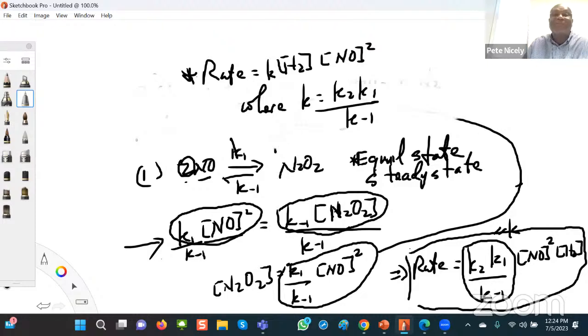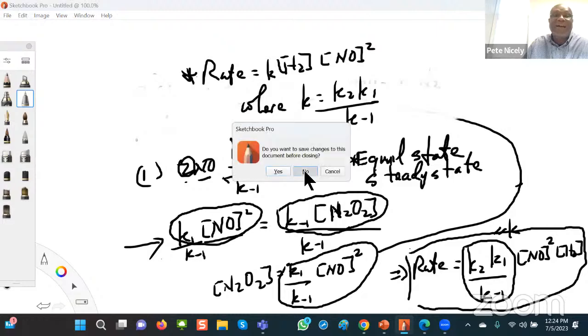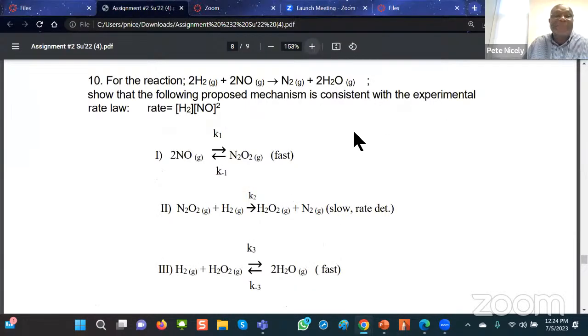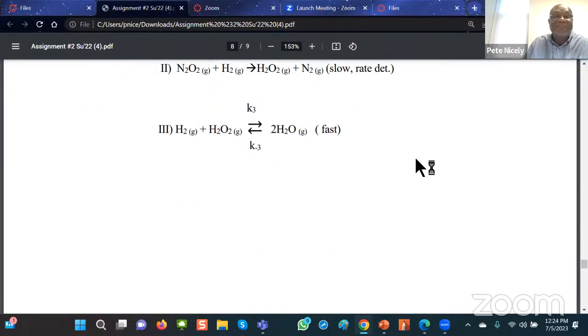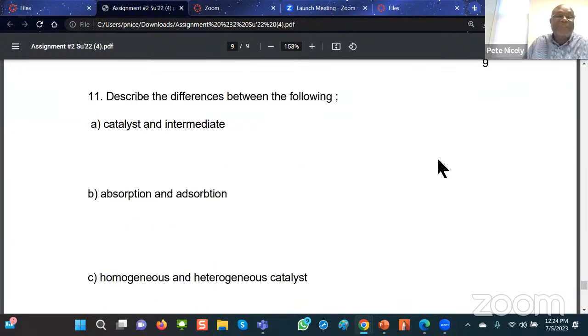Okay, so let me get out of this here and go back to the assignment. Okay, number 11. So this basically is just testing your understanding of different terms that are used in the area of chemical kinetics.